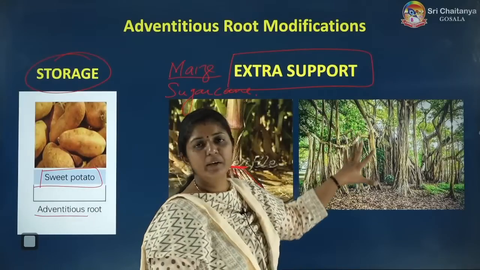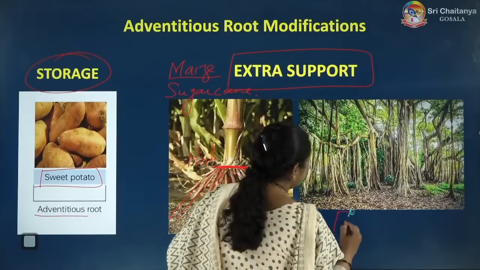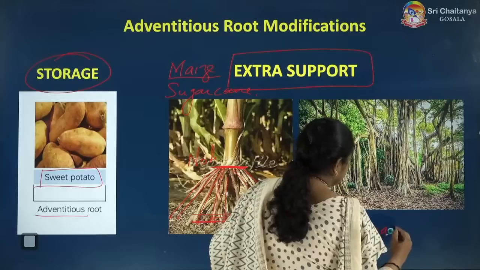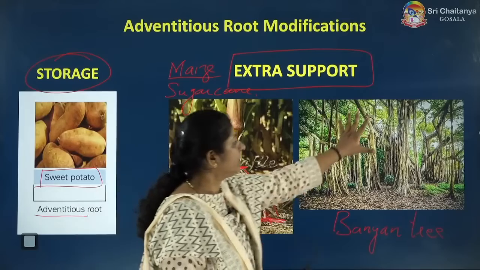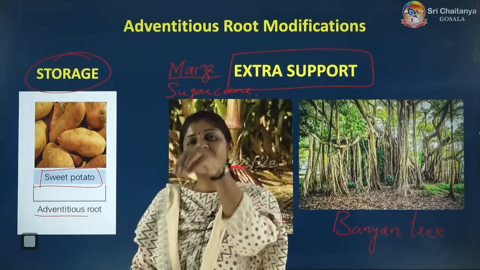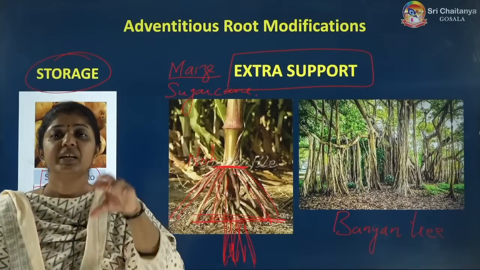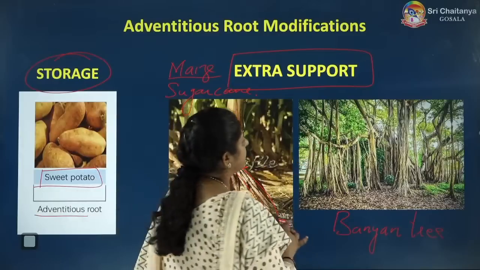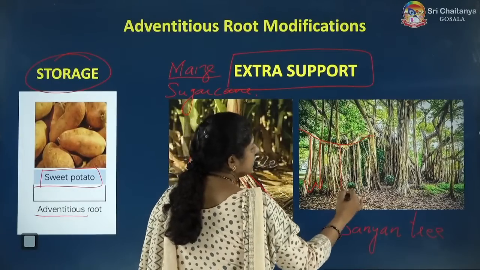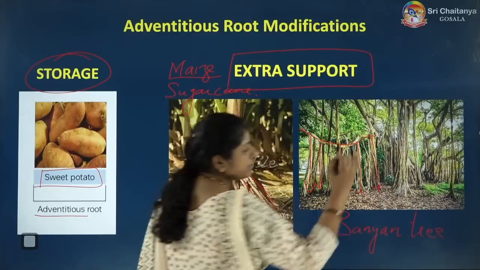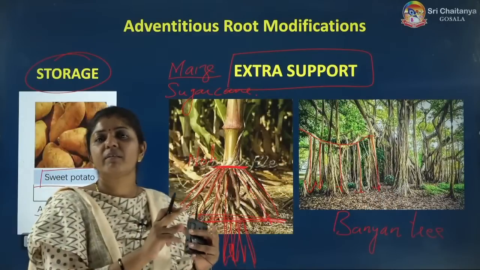Fine. Okay. Next is what thing? This very familiar plant. That is what thing? Banyan tree. Right? Please listen to this point carefully. Banyan tree already has its taproot under the ground. But now from where the roots are coming? Can you see, from the branches they are hanging downside. The origin is not radical.